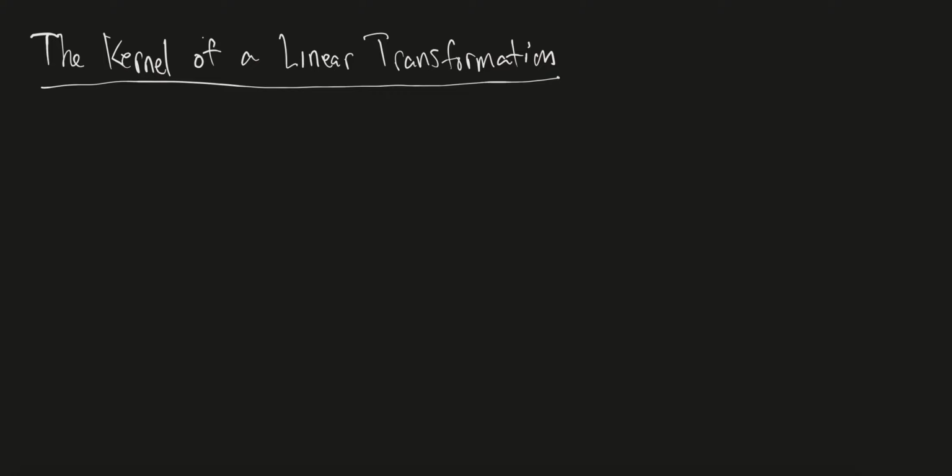So let's give it the definition and then take a look at an example and then see what else we can say about this particular thing. So let T that goes from Rn to Rm be a linear transformation, right? And we know what that means.